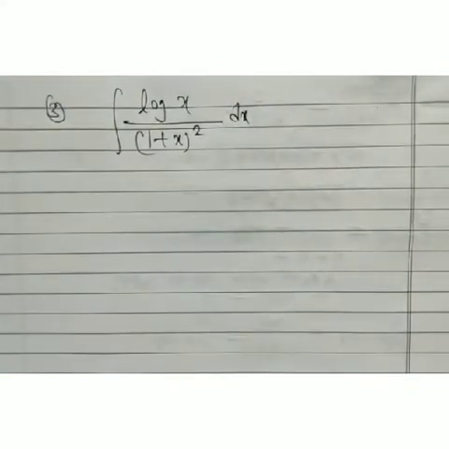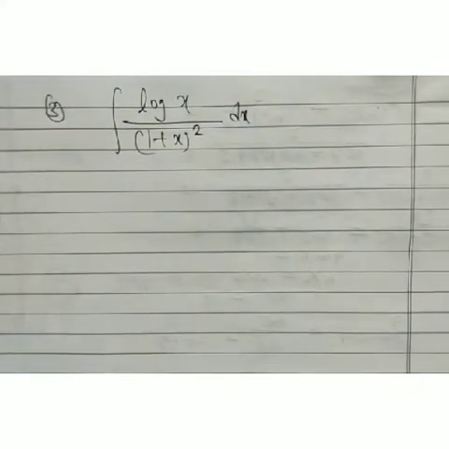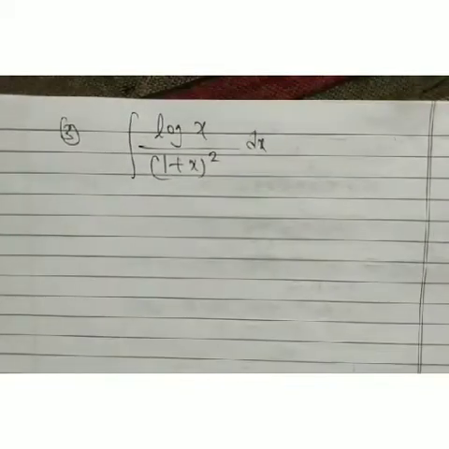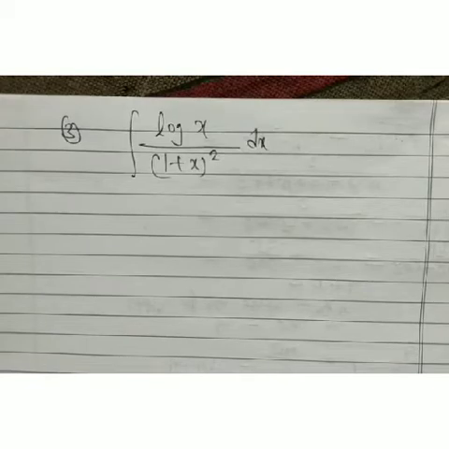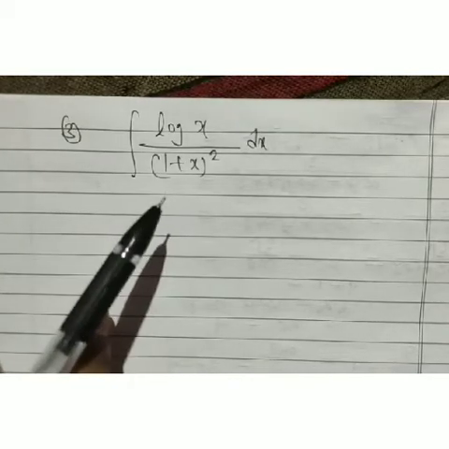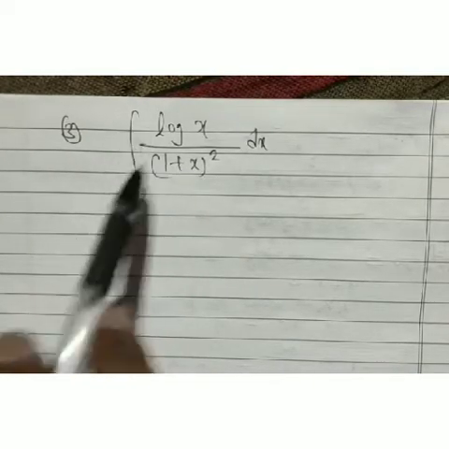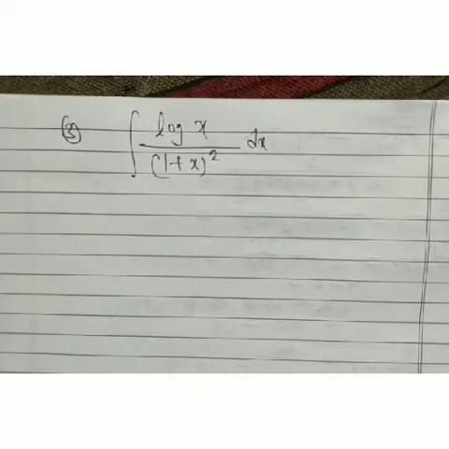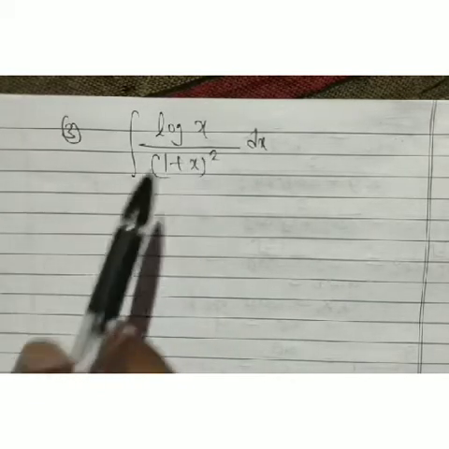It's a little bit more difficult problem. Here we have to find the integration of log x upon 1 plus x whole square. It looks like a rational form, and it's one of the board problems.